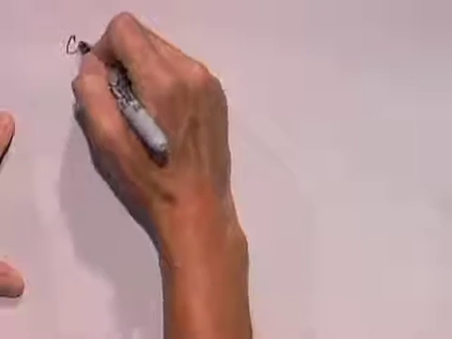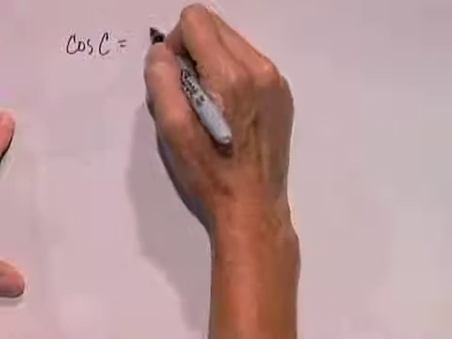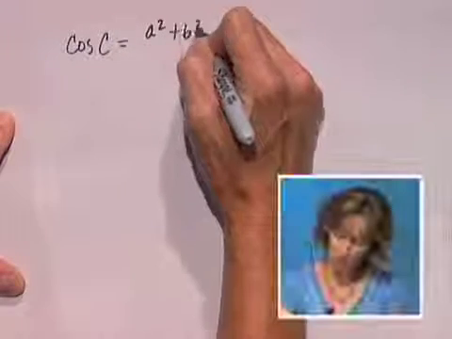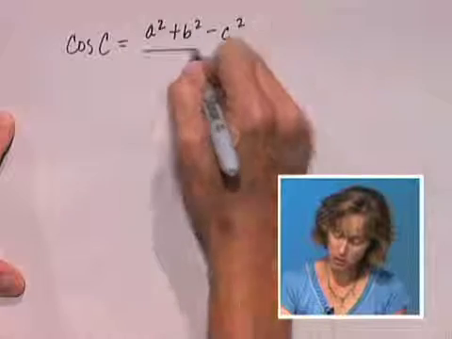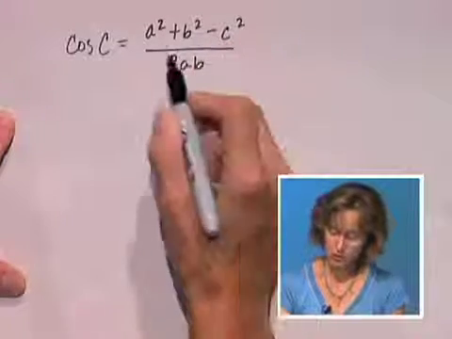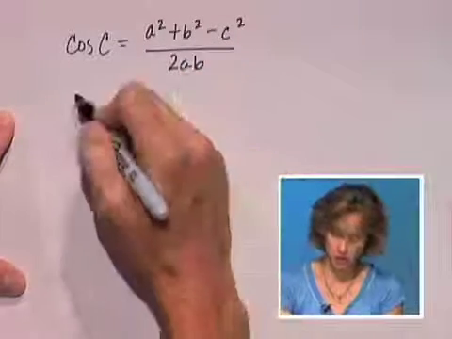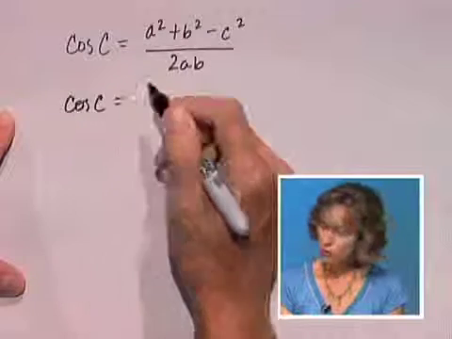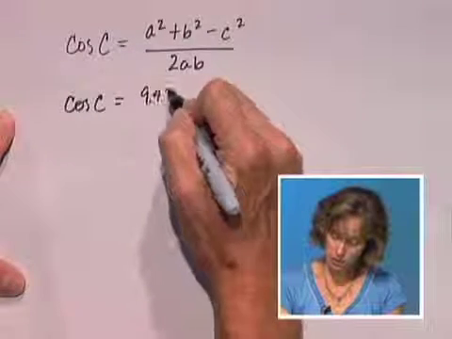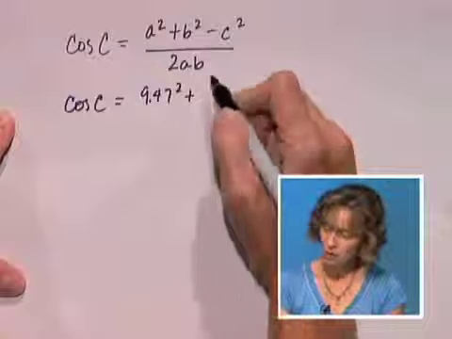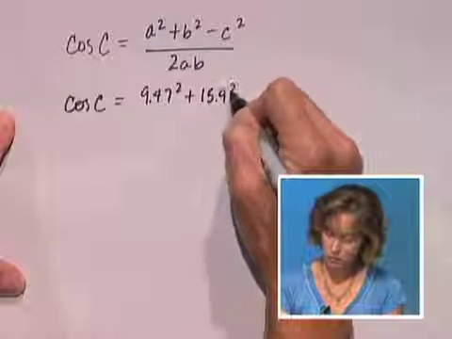So let's continue on another sheet. What we found is that the cosine of C is A squared plus B squared minus C squared over 2AB. And I want to fill in these values. Filling them in, for A, I'll use 9.47. For B, 15.9.